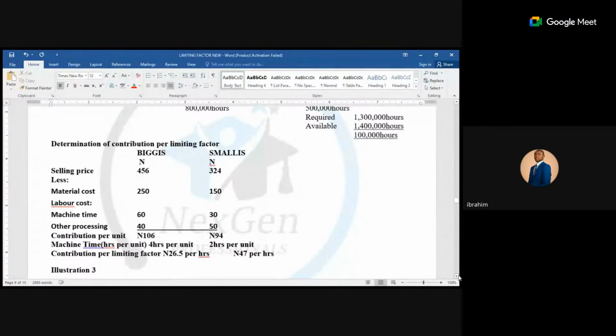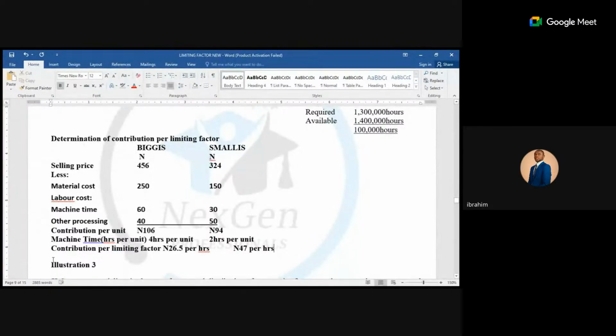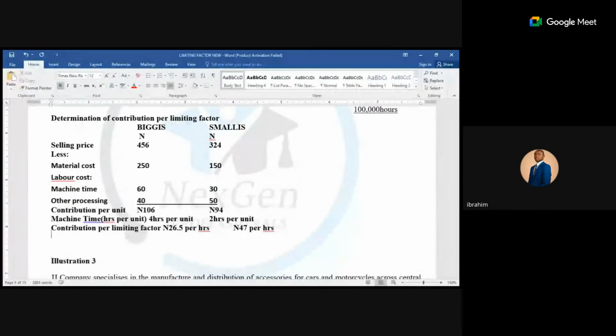So, if this is our limiting factor, the next is for us to rank. We'll rank this one first, smallest, will come first. Then this will be second.